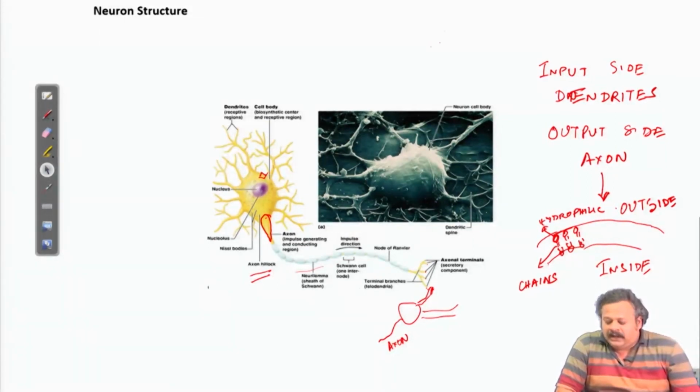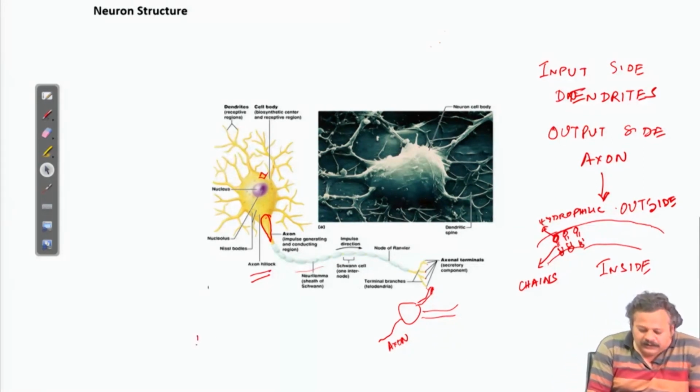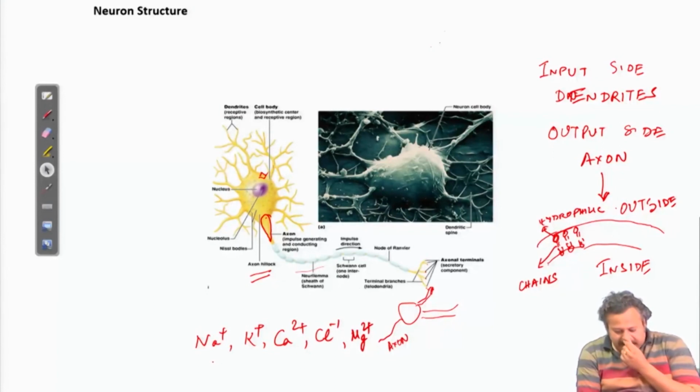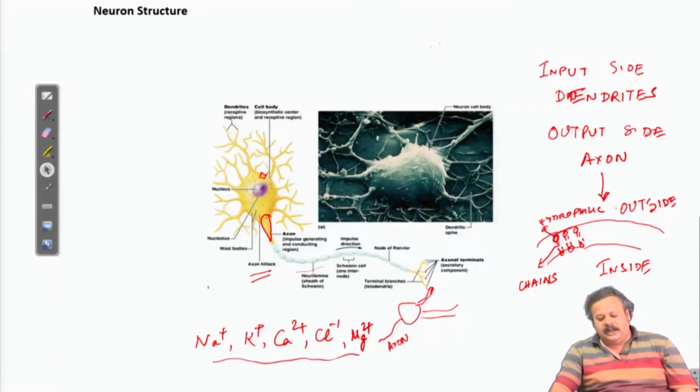Primarily the ions that are at play are sodium ions, potassium ions, calcium ions, chloride ions, magnesium ions. And there are more, but these are the main players in terms of the function of the neuron, in terms of its electrical properties.